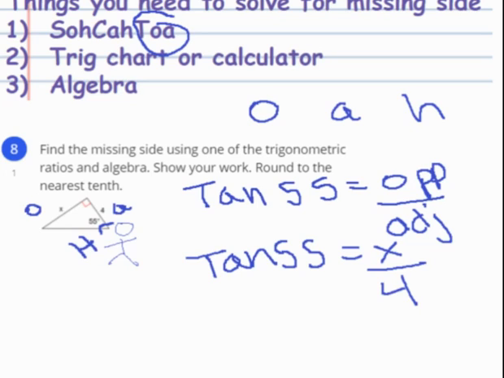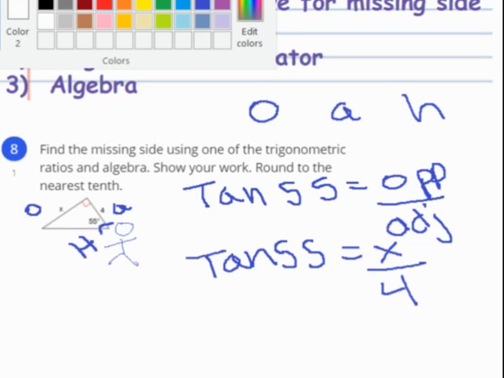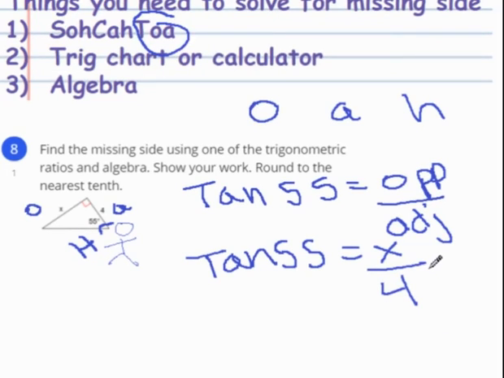Now, the big deal here is we want to get x alone. Why do we want to get x alone? Well, when x is alone, then that's our answer, right? The other side of the equal sign is our answer. So in order to do this, I see x is being divided by 4. So if I multiply both sides by 4, then those cancel.